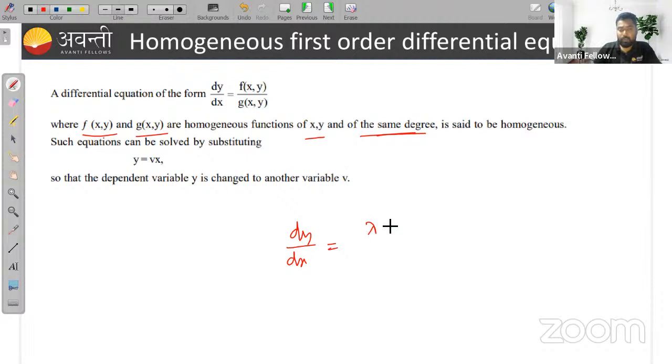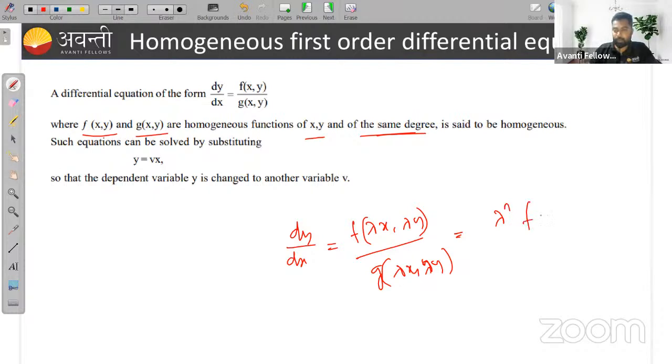If you put lambda x, lambda y in f and g, and you are getting lambda to the power n into f of xy upon lambda to the power n into g of xy, then this lambda to the power n will be cancelled out, so we can say same degree.